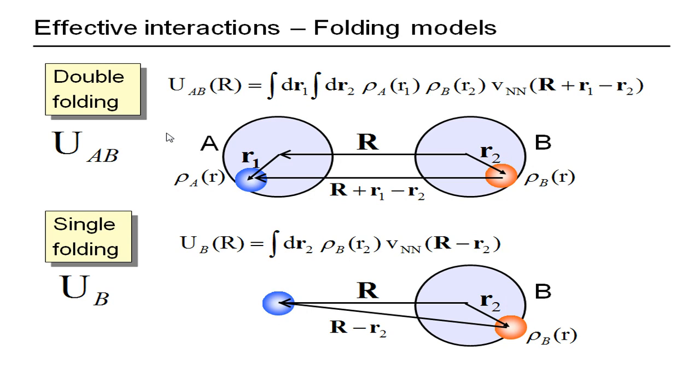If you don't know what the potentials are, we can use either the double folding model for nucleus-nucleus, or a single folding model for nucleon-nucleus. What I need are densities for these nuclei, and an interaction between these two, as I wrote on the previous slide. So we have to use theory to calculate optical potentials, usually for such systems at high energies.